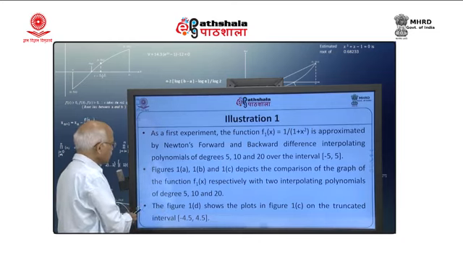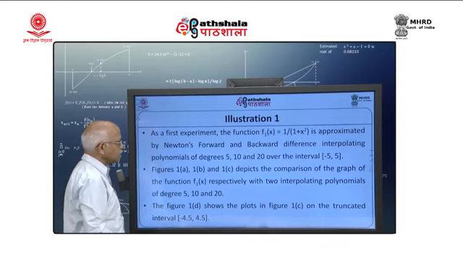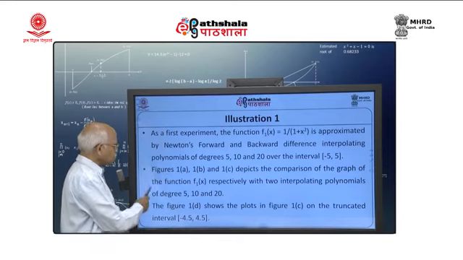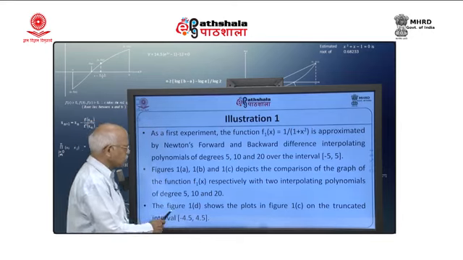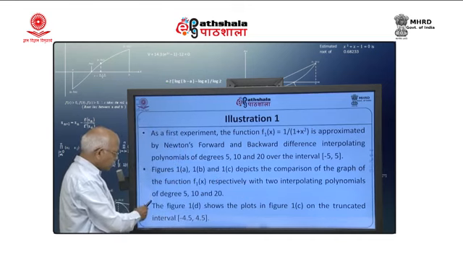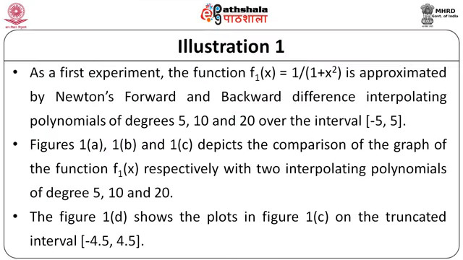So, I am giving 3 figures, 1a, 1b, 1c, depicting the comparison of the graphs of the function f1(x) with the respective interpolating polynomials of degree 5, 10 and 20, on the interval minus 5 to 5.